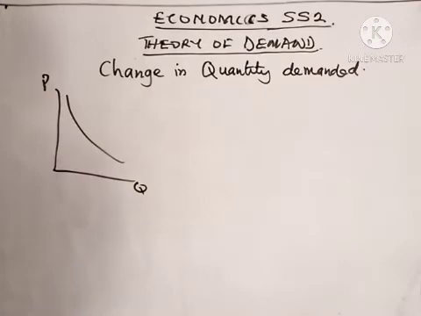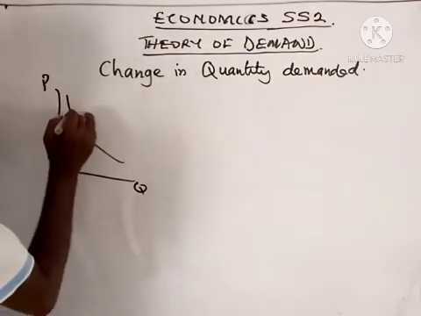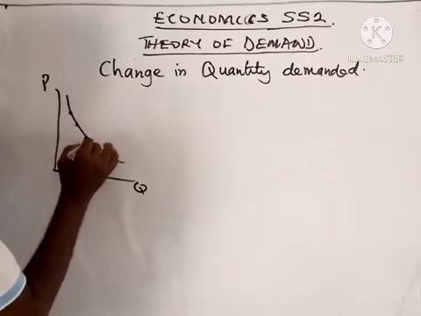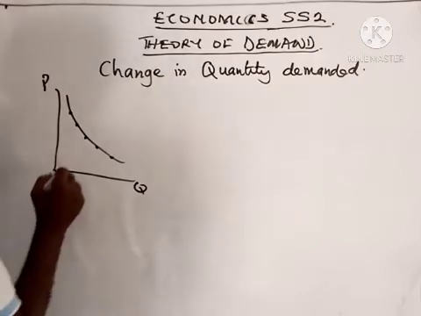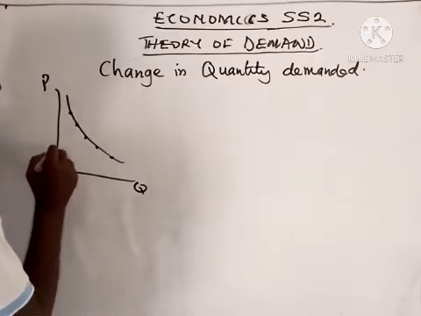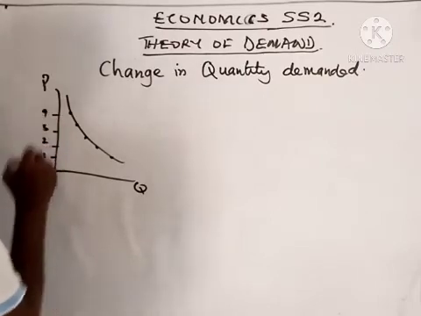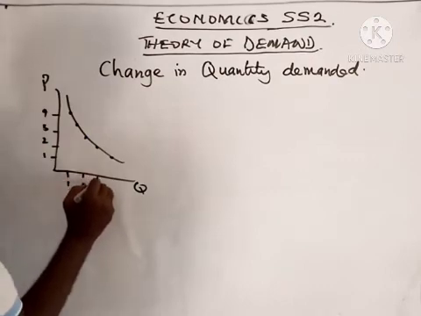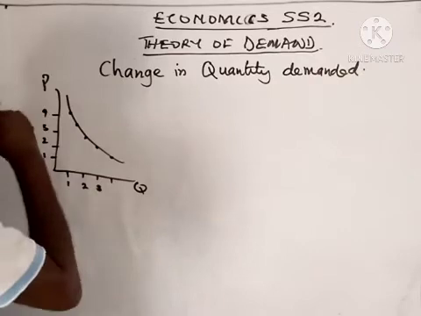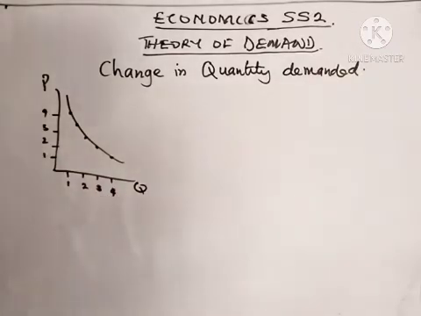So at various points on the demand curve, there are prices and quantities attached to them. Let us assume that the price of a commodity is on the y-axis, while the quantity is on the x-axis.